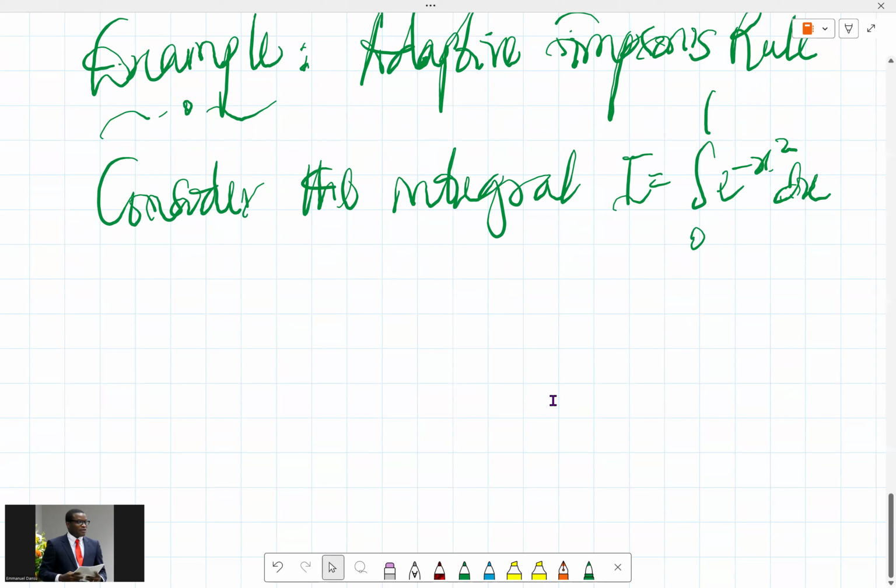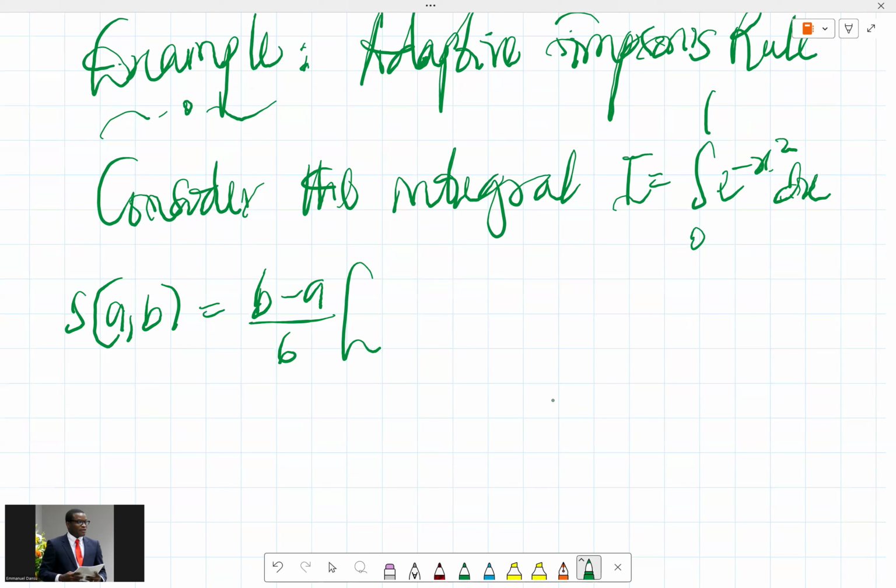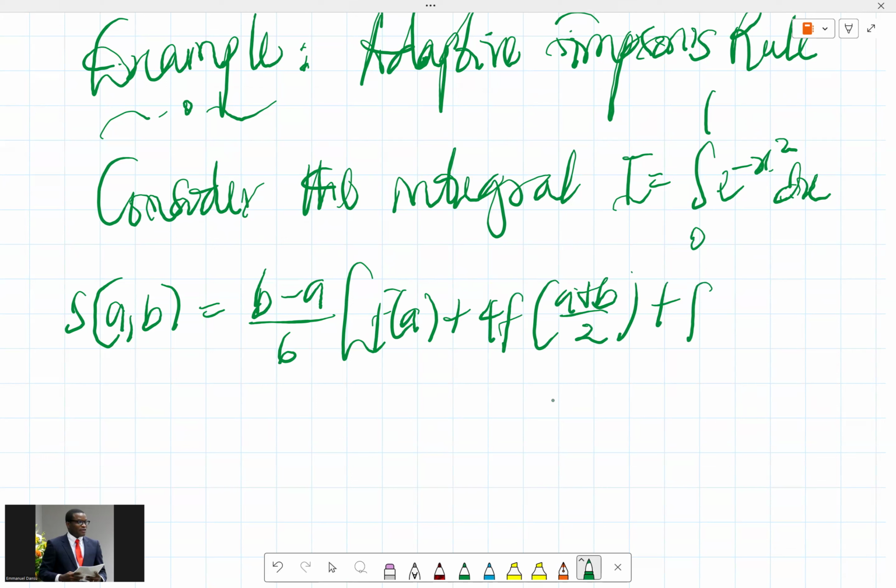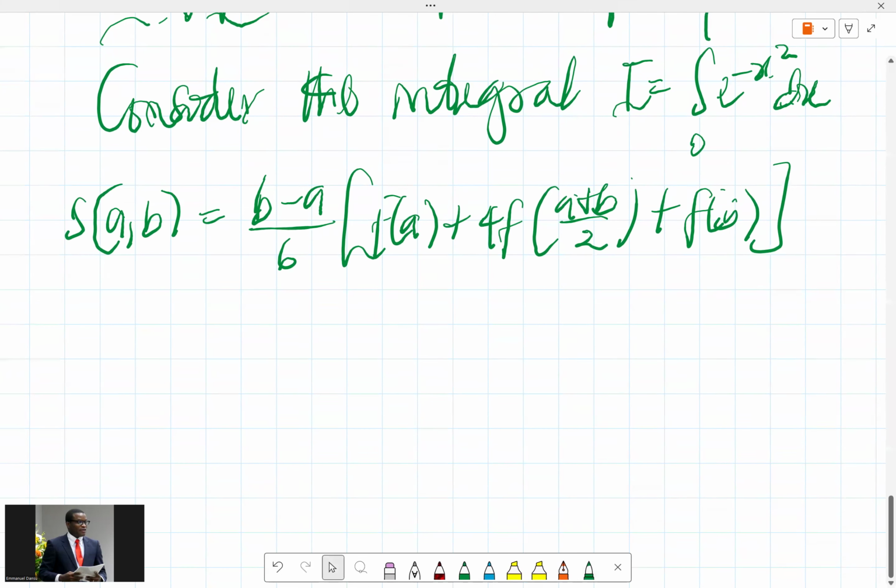So we already know that S(a,b) is equal to, we are talking about Simpson's, right? (b minus a) divided by 6 into f(a) plus 4 into f((a plus b) divided by 2) plus f(b). So that's a form of Simpson's rule that we saw before. Of course, we can break this down further into even and odd terms, but this is also tenable.